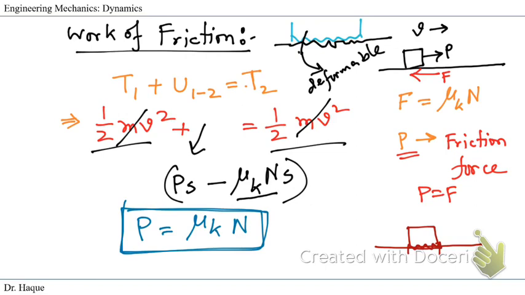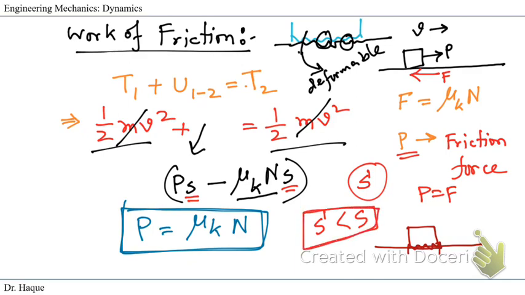If we assume that, there will be some localized deformation at those contact surfaces, and that will change the displacement. We assumed the displacement as S here, so that will change due to localized deformation. Let's assume that is S prime. S prime will always be less than S, and so the friction will change.